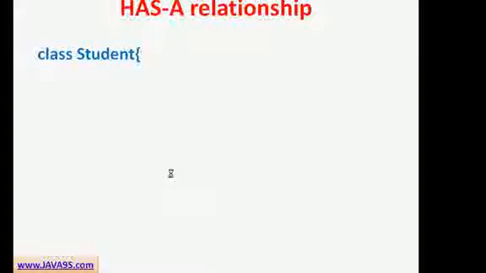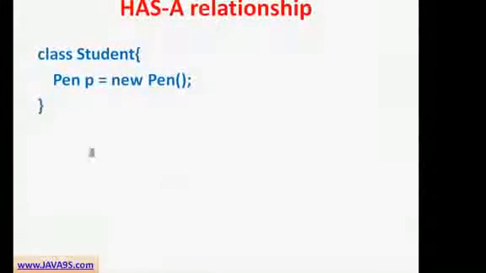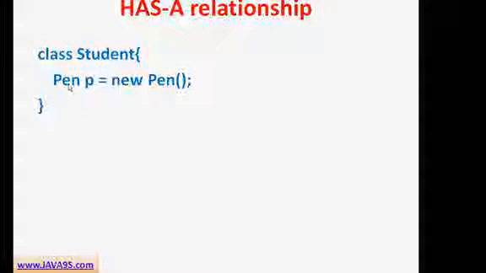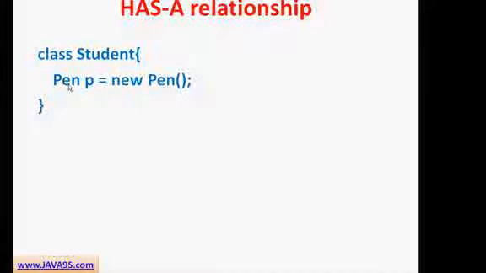In that way, we can just refer to a pen object as an instance variable inside the student. This is called composition. That means I'm actually wrapping up some of the methods, which can be declared as a new type itself, as a pen. So composition reduces the complexity of the class.